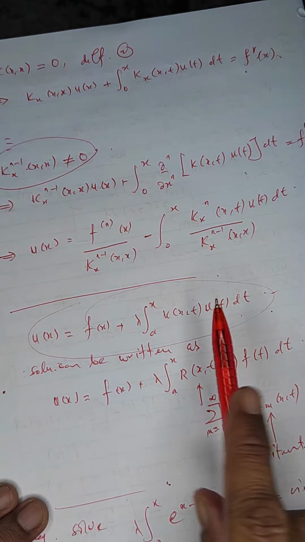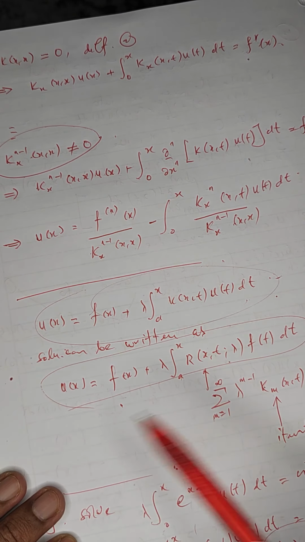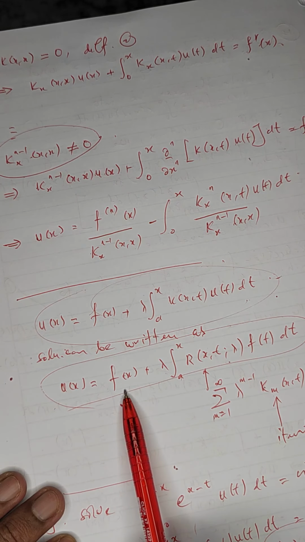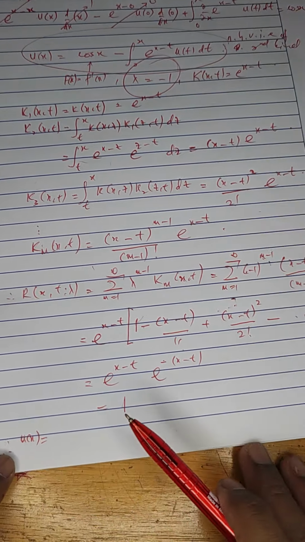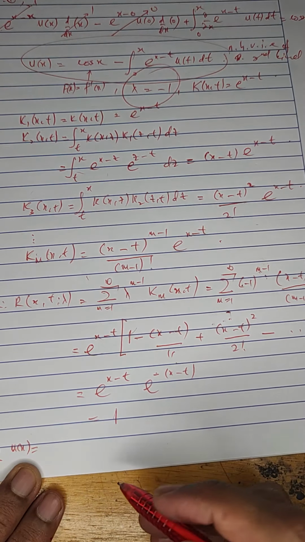Here, this is the general solution I have written here. So we need to write that. Our lambda is -1, our f is cos x.